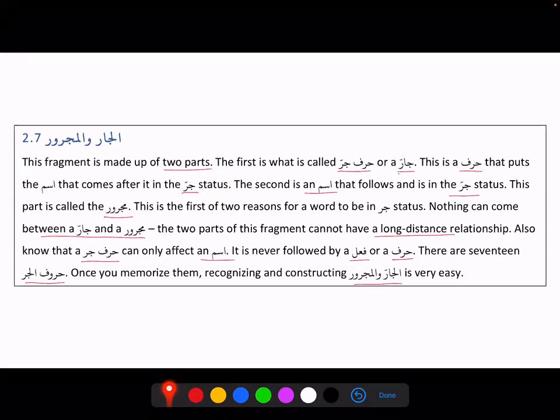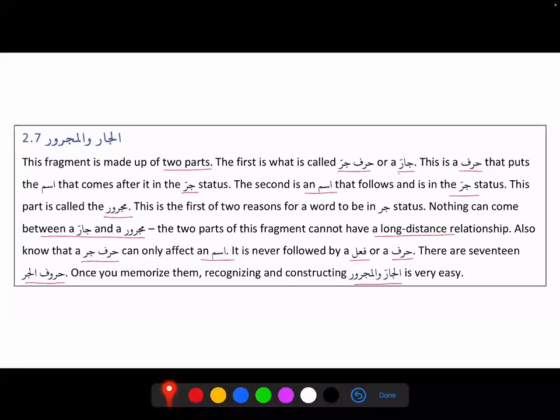The second is always an ism that follows and is jar in status, so the ism after it will always be jar. This part is called ism majroor. Ism majroor. I really want you to say these terms because these are important, and you need to make them familiar on your tongue.